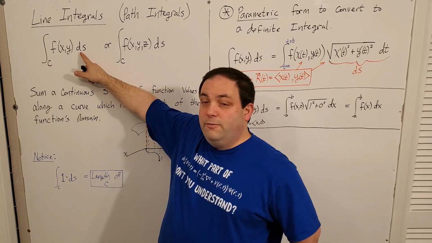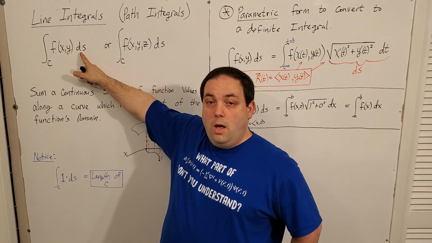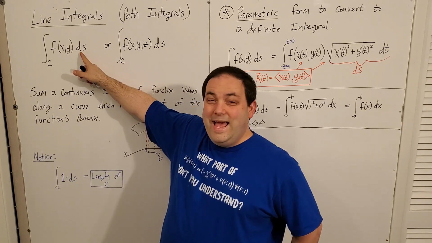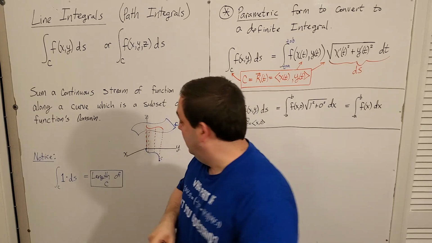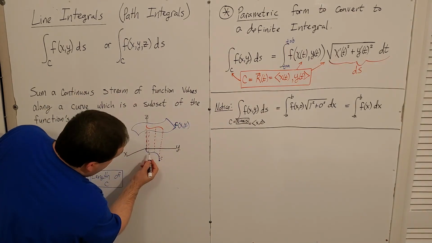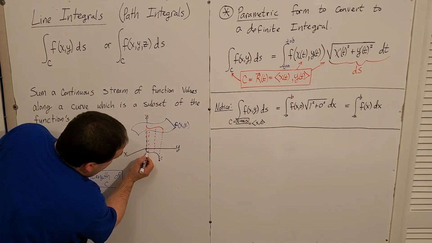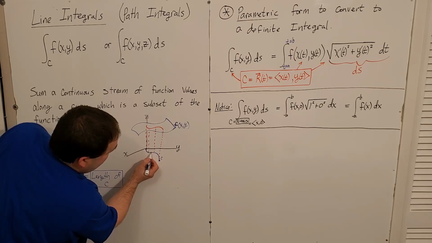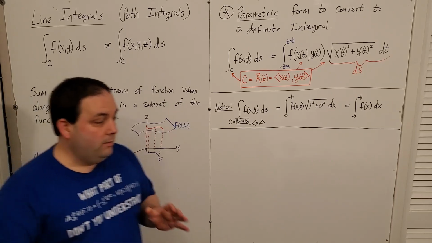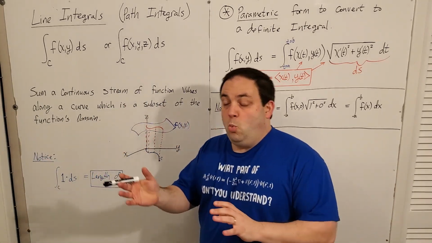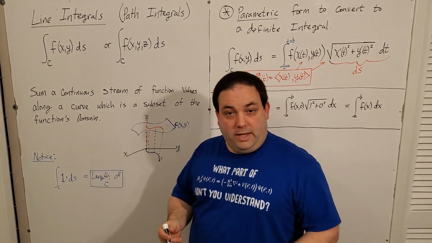Notice the differential portion is not x or y or t, it's s. We're actually using infinitesimal little pieces of arc length all the way along. There's a little piece of arc length here, little piece of arc length there. If you think about it, that's actually what you're doing with your original integral all the way back from Calc 1.